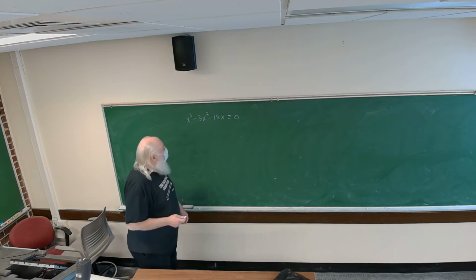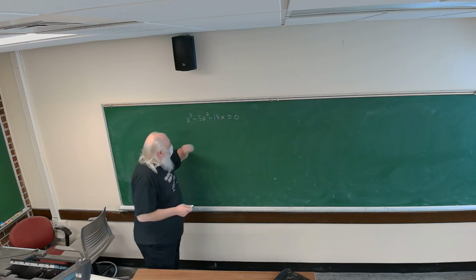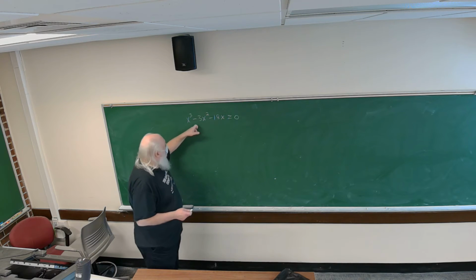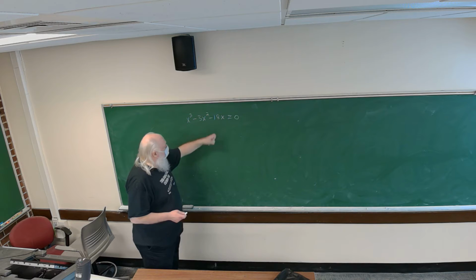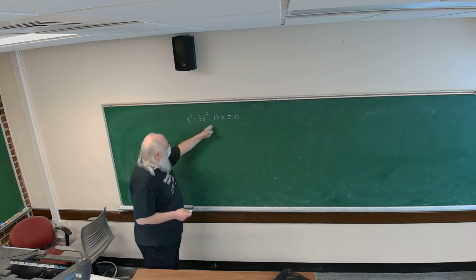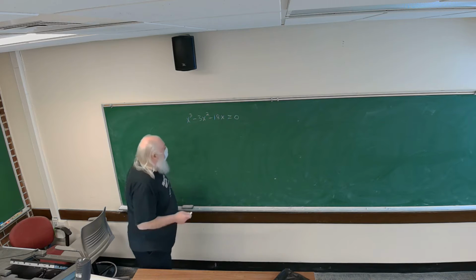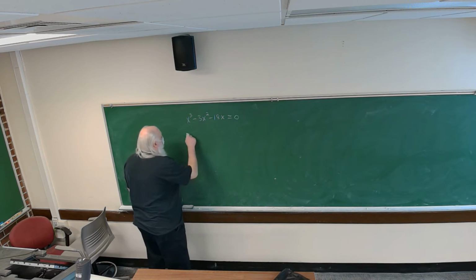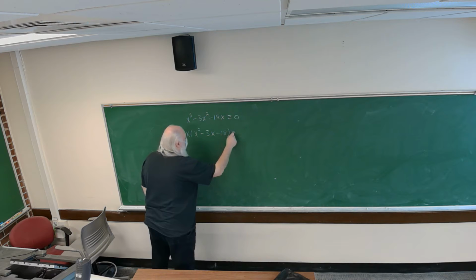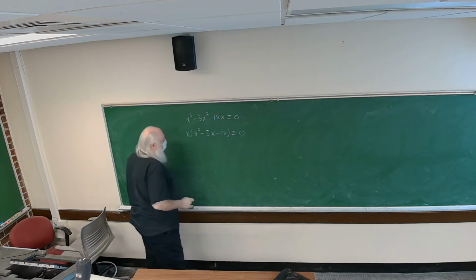Immediately, you see that this factors. You can factor out x: you've got 3 terms, x is in each term, and the lowest power of x is x to the first. So we have x times x squared minus 3x minus 18 is greater than or equal to 0.